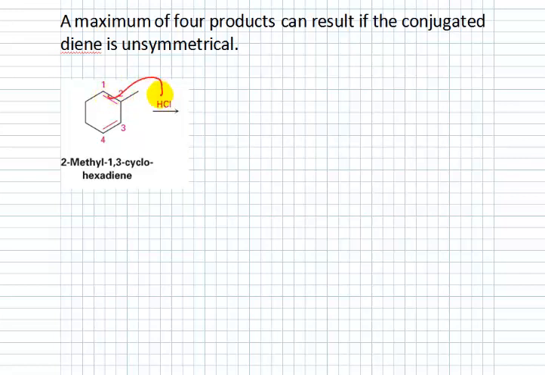I'll start with this double bond, attack the H, displace the chloride, and draw the resulting carbocation. 6-membered ring, methyl group, retain that other double bond between carbons 3 and 4. We originally had one H on carbon 1.